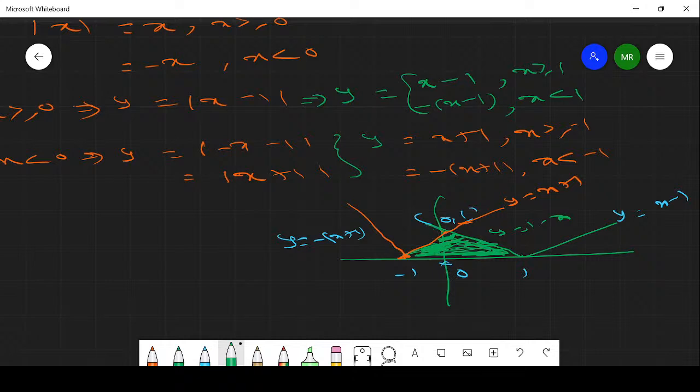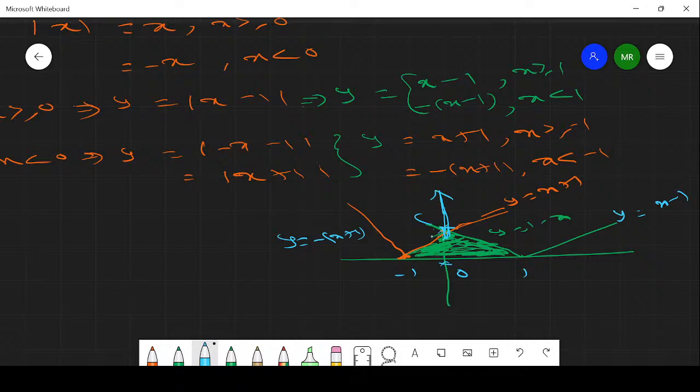Consider they are intersecting at this point, 0, 1. Please consider this is the y-axis.